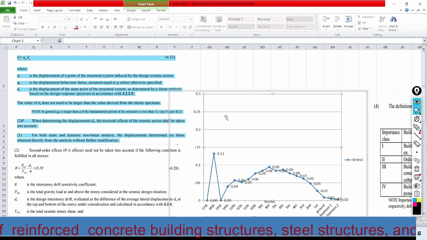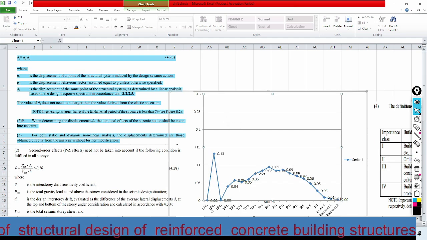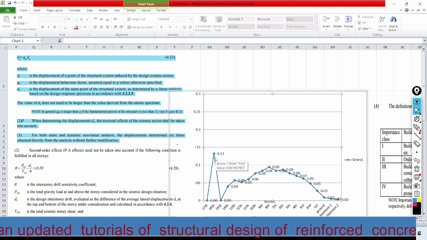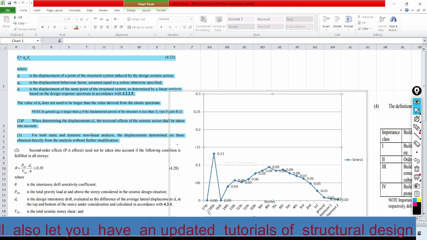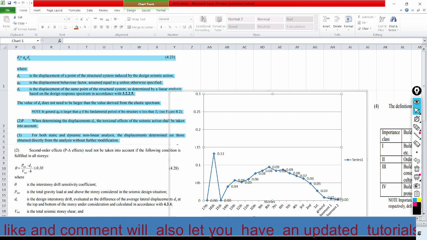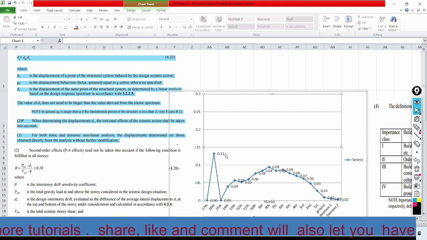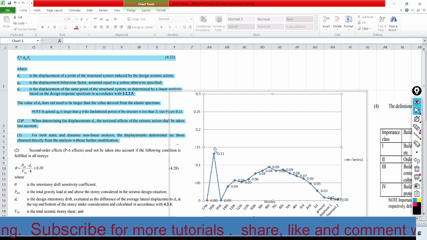Yeah, this is good. Here at the 16th story, the value of P delta is 0.16 in negative x direction. That is why we need to consider P delta.